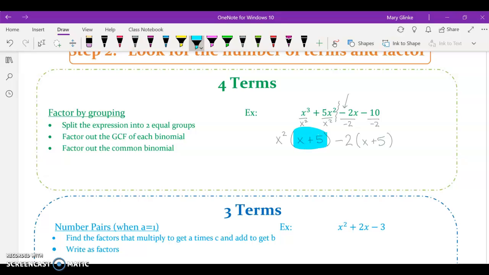Now this has to be the case. You have 2 parentheses now that are identical. That's going to be one of your factors. And then the coefficients, when you put those together, that's going to be your other factor. So you get x plus 5 and x squared minus 2. Now you can always check your answer by distributing if you would like.